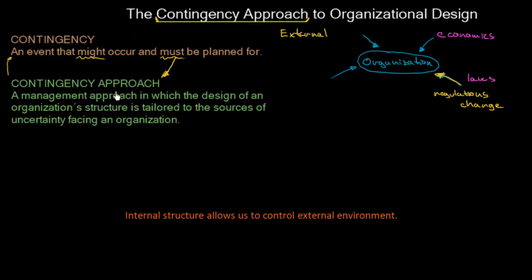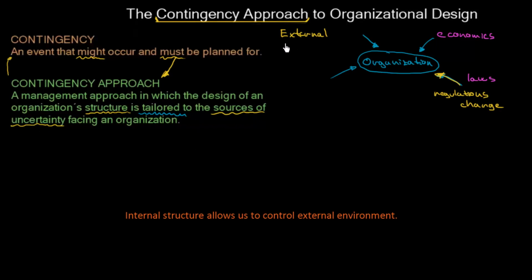So contingency approach is a management approach in which the design of an organization structure is tailored, and this is a super important word, to the sources of uncertainty that we are facing. So we have some sources of uncertainty.